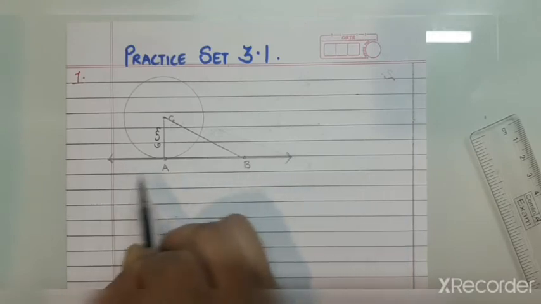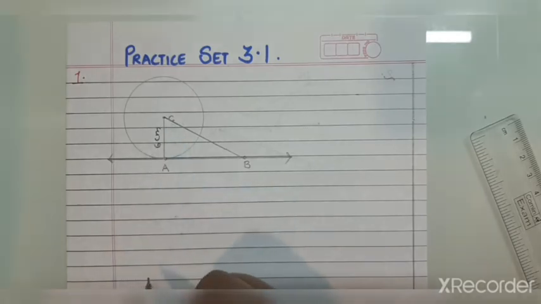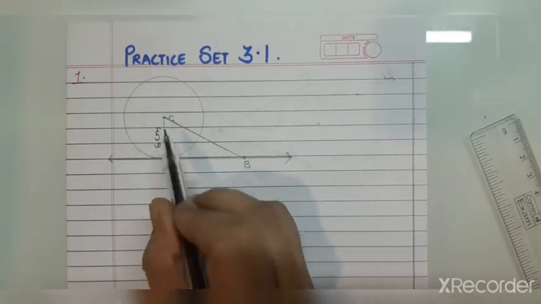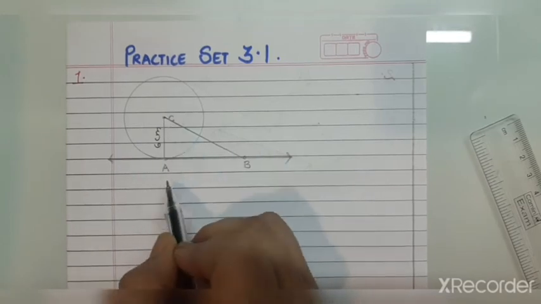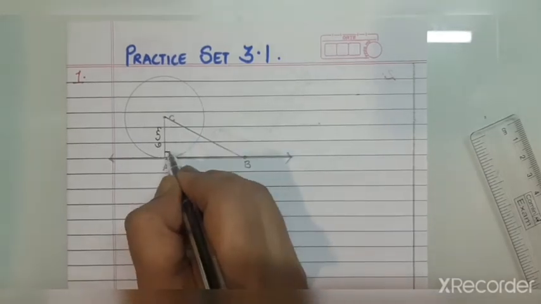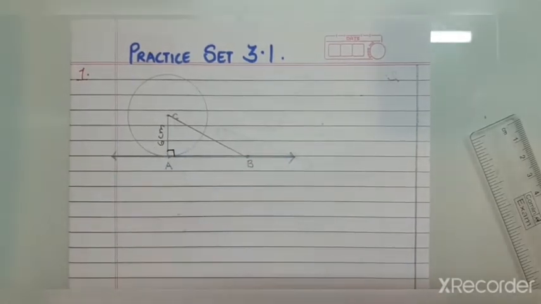Line AB will be a tangent to the circle with center C, and CA is the radius. So a tangent and a radius, they are perpendicular to each other. We have studied in tangent theorem. The tangent theorem says that a radius and a tangent are perpendicular to each other.